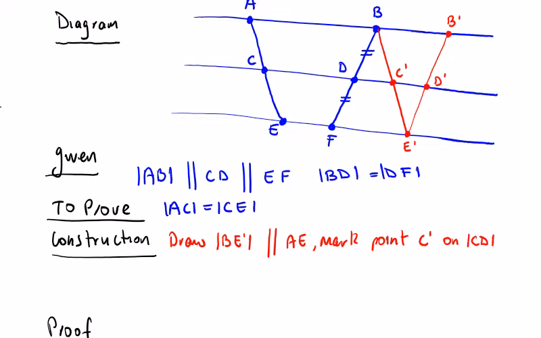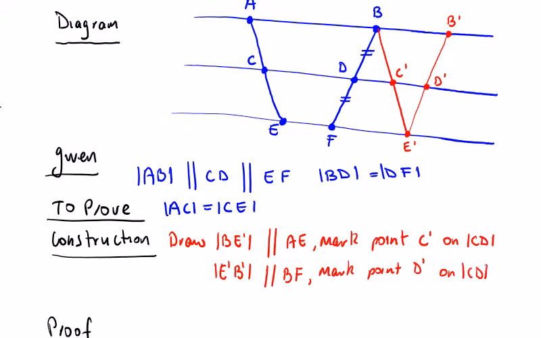Similarly, I'm going to draw E prime B prime, and that one is parallel to BF, and mark point D prime on the line CD.